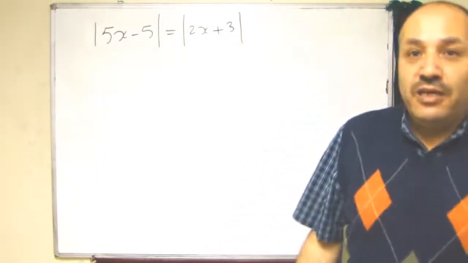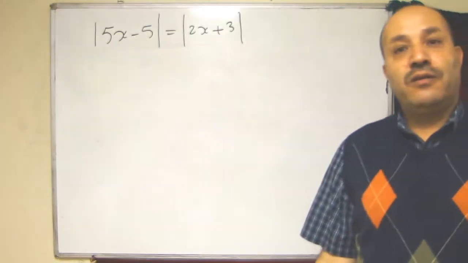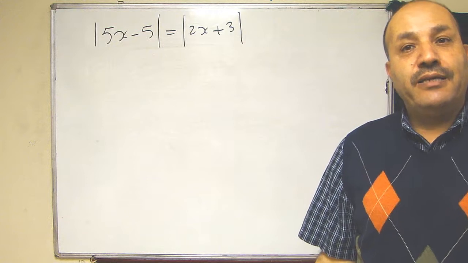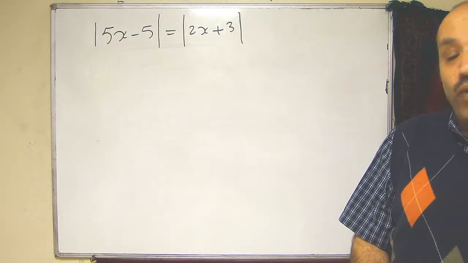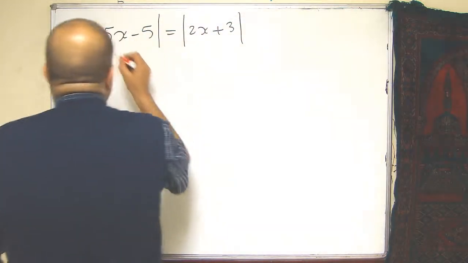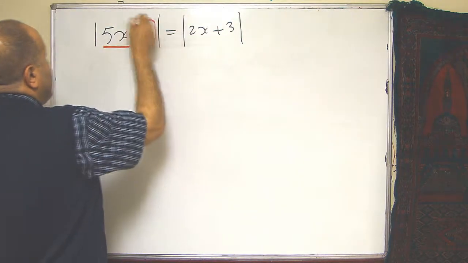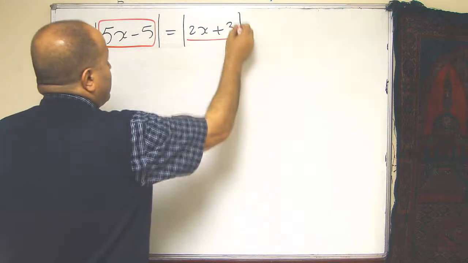Well, here we have 2 absolute values. How can I deal with it? Again, I will look at the insides only. So here, this is the inside, and this is the inside.